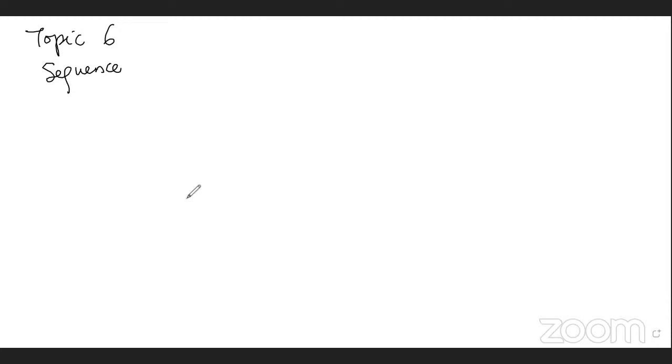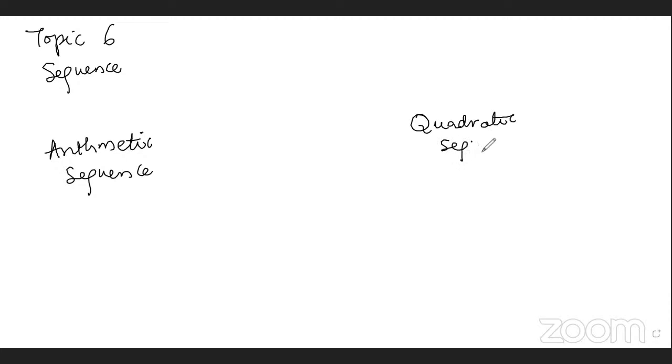And we looked at arithmetic sequence. I'm not going to spend so much time on these things because you guys know these things, okay? And we looked at quadratic sequence. Okay. And we said that in arithmetic sequence, we only have the first difference.